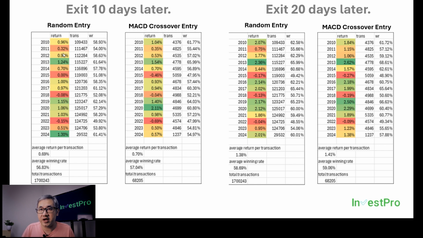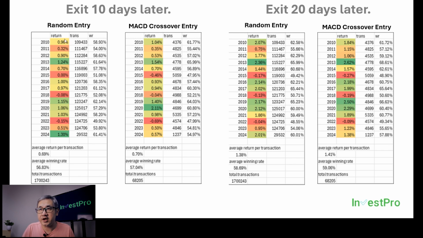How we make the entry here is that we buy the stock every single day. Day 1, day 2, day 3, day 4, day 5, day 6. So we buy the stocks every day, and then we sell them off 10 days later. When you buy at day 1, you sell at day 11. When you buy at day 2, you sell at day 12, and so on. So practically, you buy the stocks every single day.